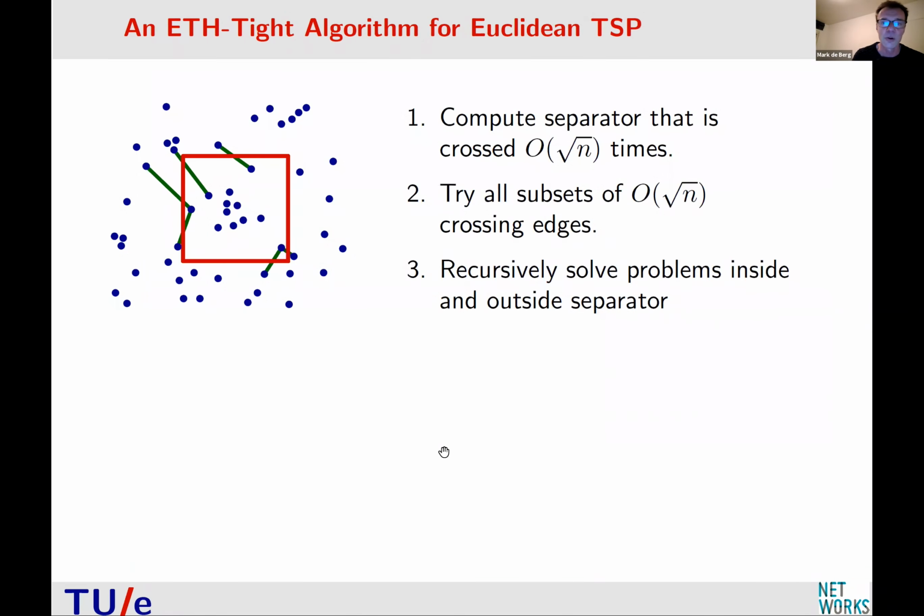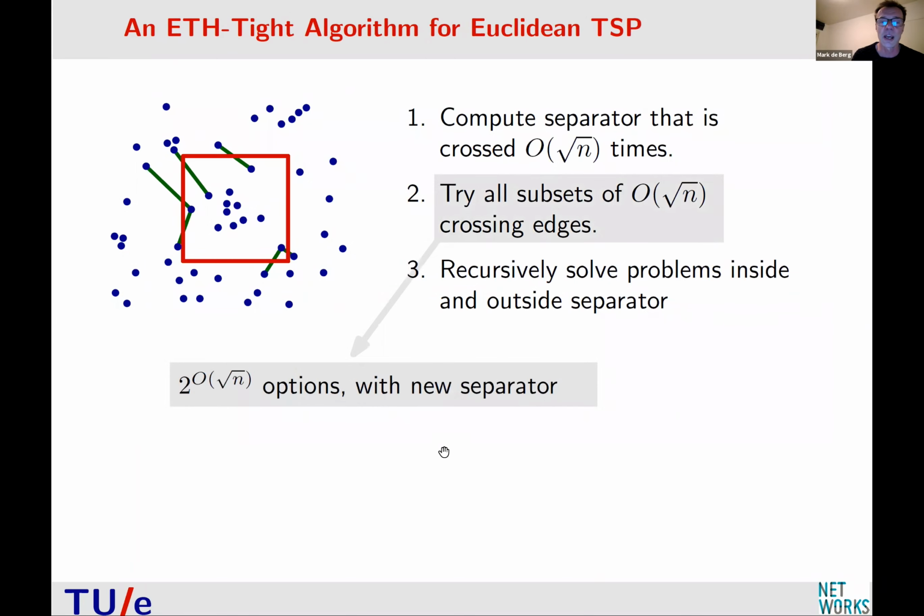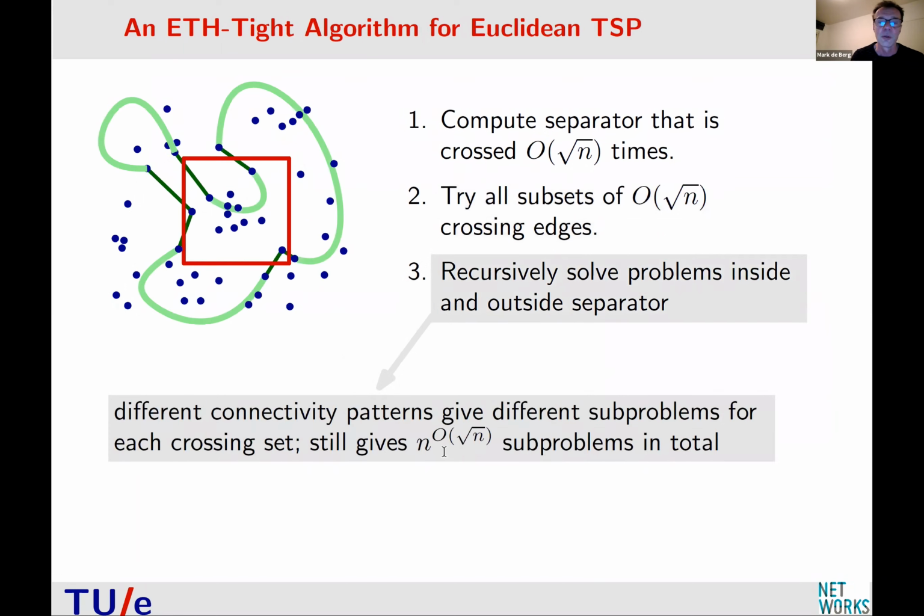So now, with a new separator, it is only 2 to the square root of n. Well, this was still n to the square root of n. So that's another problem you have to deal with. There's two ways of doing it.